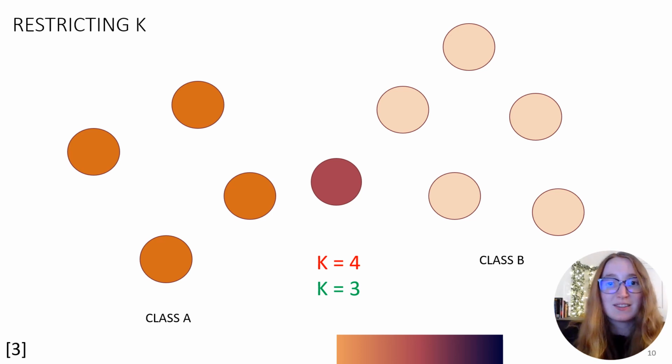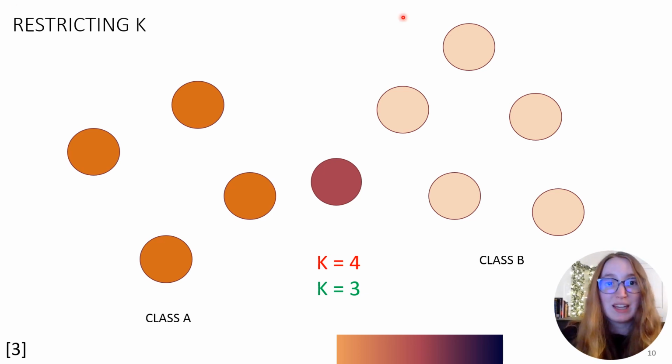In addition to this, it is recommended that K be an odd number. This is because when K is odd, it rules out the possibility that a particular query point falls between more than one class.